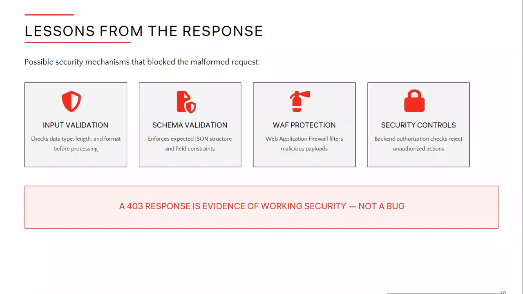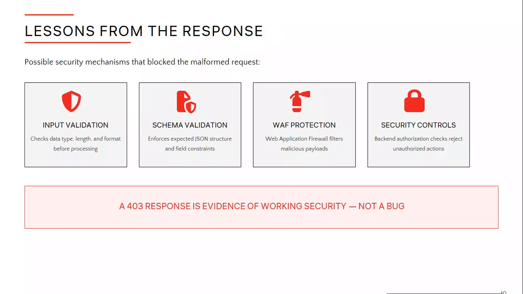Schema validation enforces the expected JSON structure and field constraints. WAF, the web application firewall, filters malicious payloads. This firewall is set to detect anything relating to payloads it already knows, and once it sees something like that, it flags it immediately.